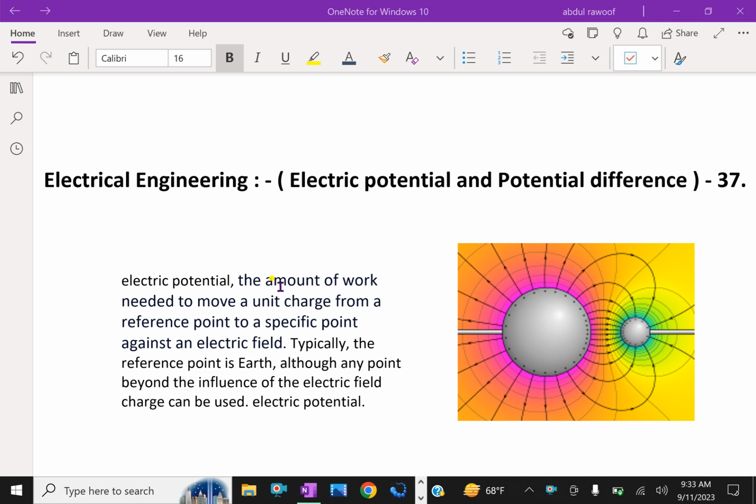For example, suppose a body of mass 10 kg is raised against gravity through 9.8 meters. Then the potential energy is 10 times 9.8, that is 98 meter-kg, which is that many joules.